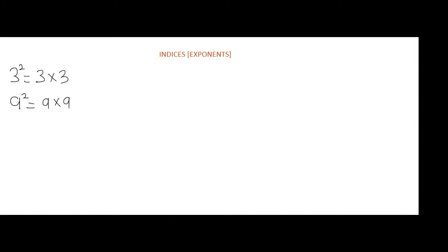In a squared, the 2 on top is always known as the power, index, or exponent, while letter A is actually called the base. So the plural form of index is indices.